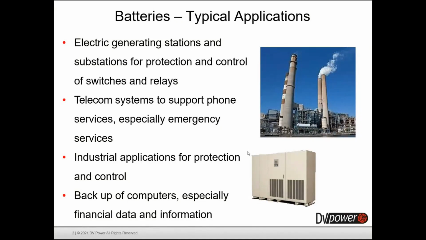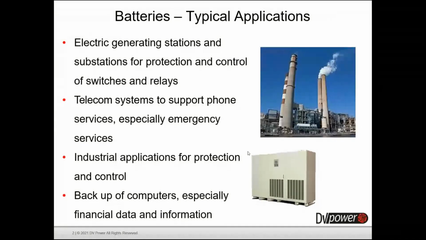We can find batteries in electric generating stations and substations, where they are used for protection and control of switches and to power the protection relays. Batteries can be found in telecom systems to support phone services, especially emergency services. We can find batteries in industrial applications, used pretty much the same as in generating stations and substations, for protection and control.